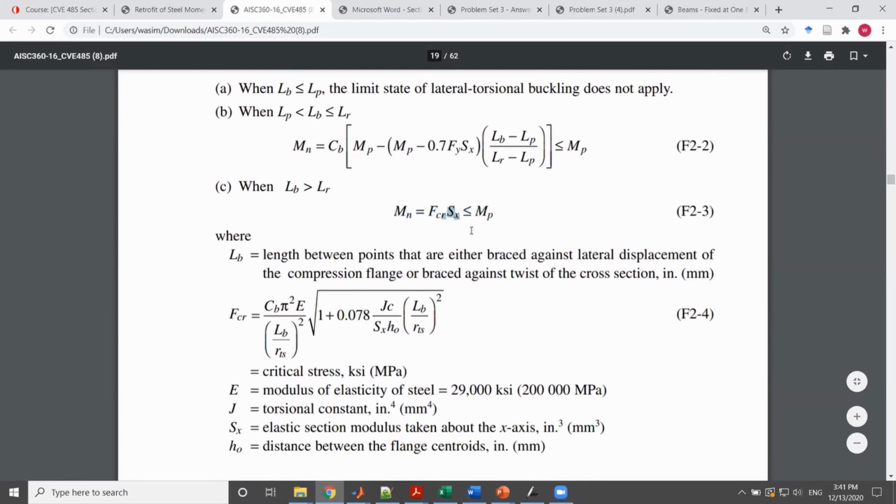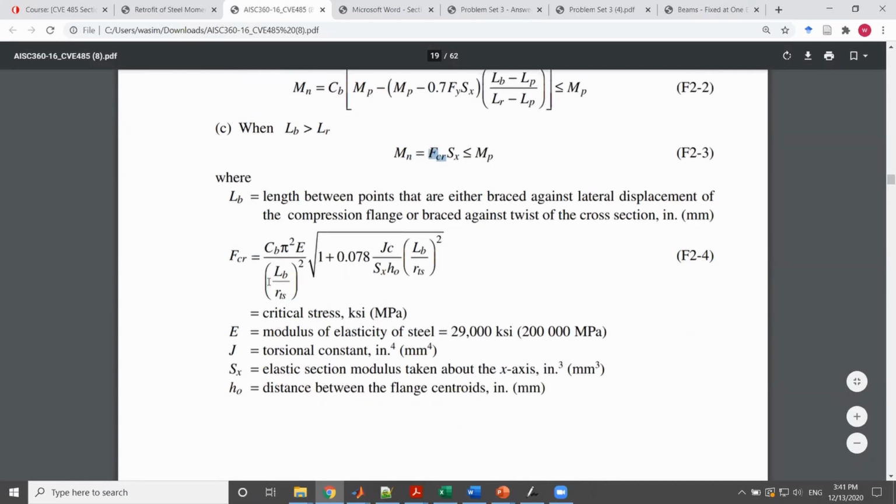Sx is given to you in the section table, but you have to calculate Fcr. Now, in Fcr, in here I have Lb, I have it as 9 meters, I have rts, I found. Cb is something I'm going to talk about a bit later. I have pi, all the other terms are fine to calculate.